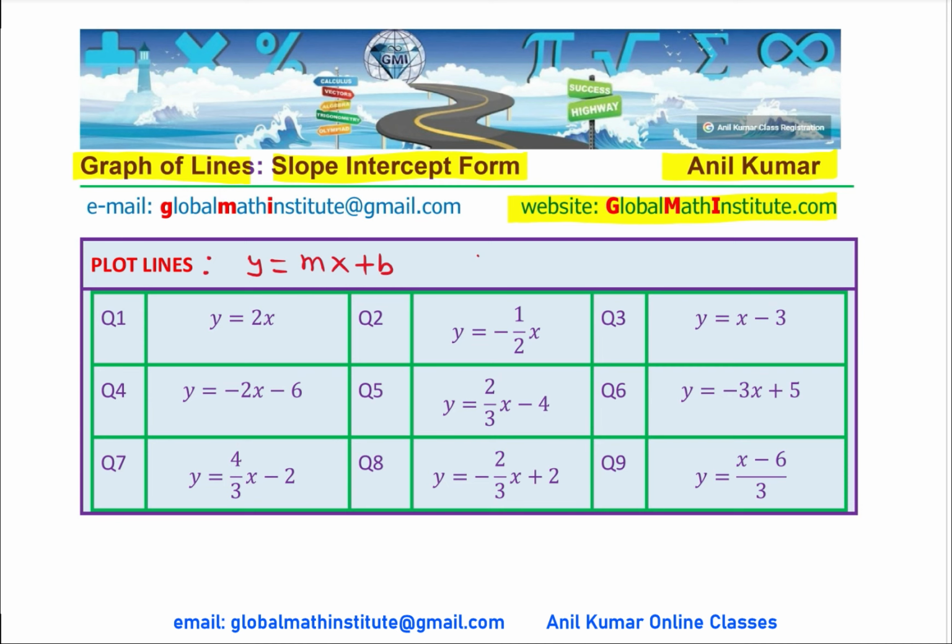Correct? So in short, you need to understand that b represents the y-intercept, m represents the gradient or the slope. Using the y-intercept as the first point and the gradient to get the others, we can sketch the graph, right?